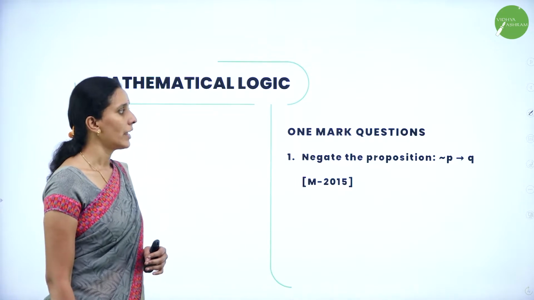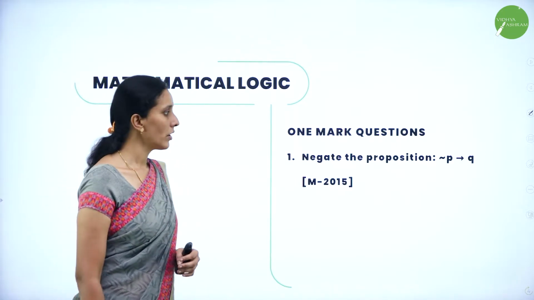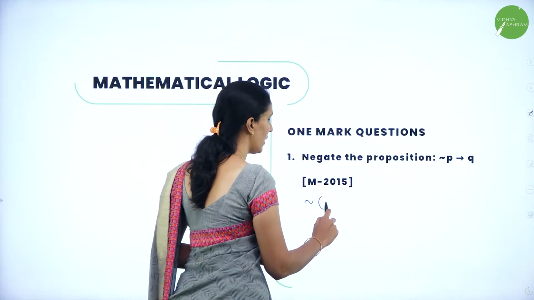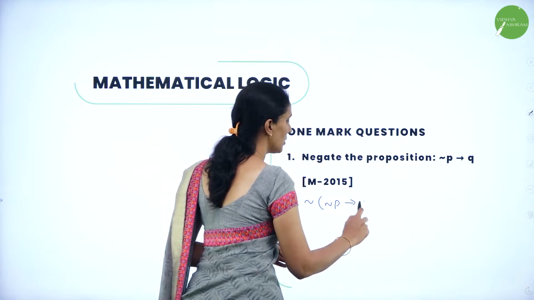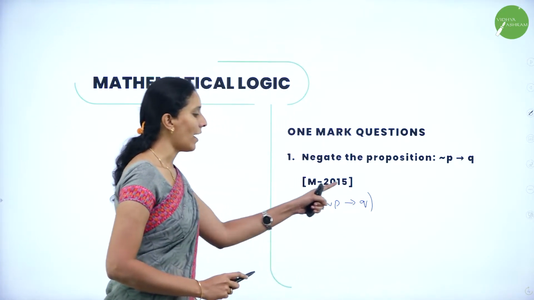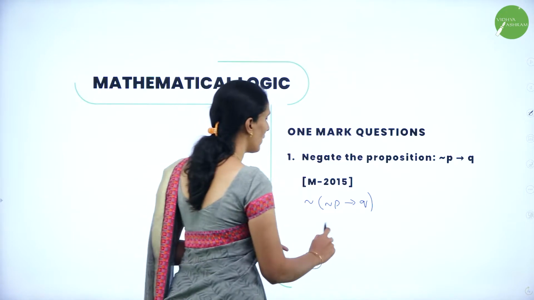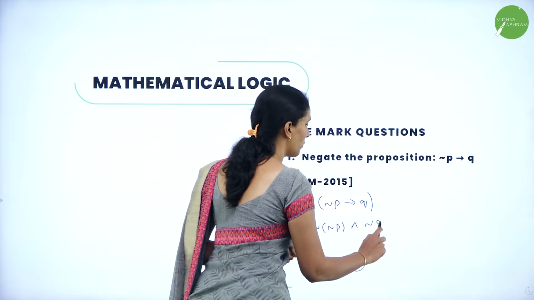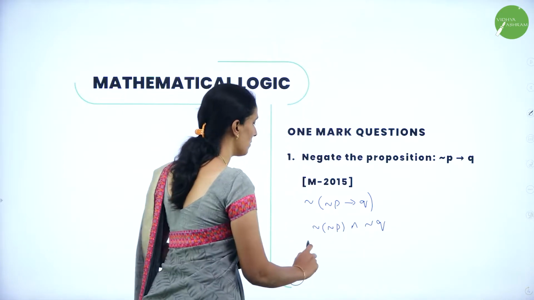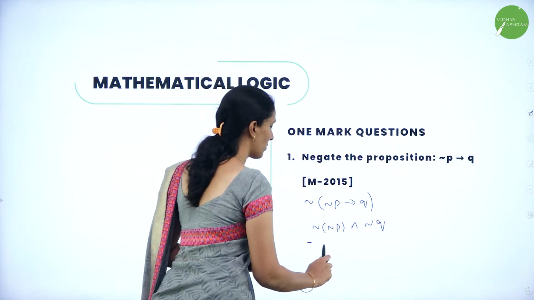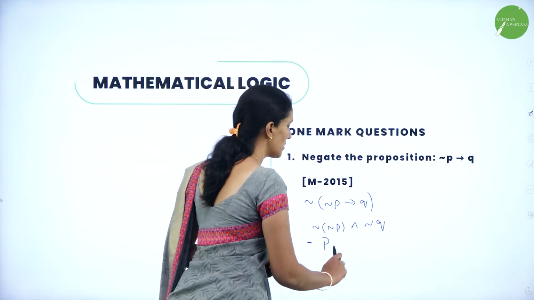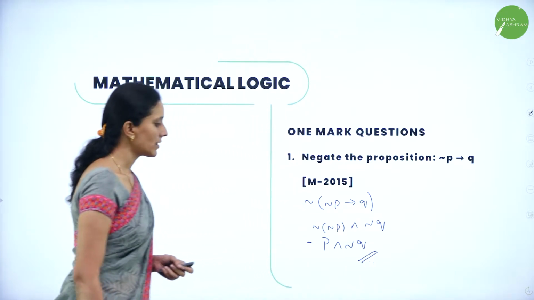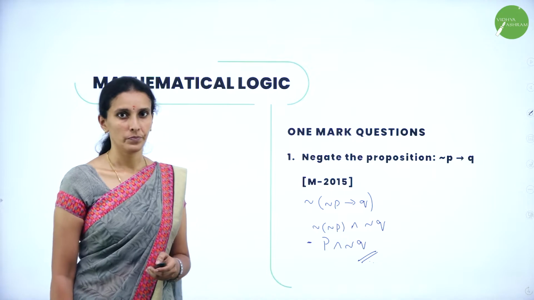Negate the proposition negation P condition Q. So whenever the condition is given, we are negating the statement negation of P implies Q. Whenever you have negation of conditional, it always says it is negation of negation P and negation of Q. So negation of negation P becomes, double negation of any proposition becomes P only. So this is equal to negation of Q. So that is P and negation Q.